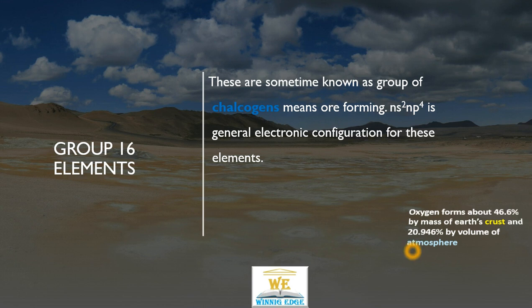And Earth's atmosphere contains 20.946% oxygen by volume. We all know life is sustained on Earth by oxygen. Oxygen is used by most of the life on Earth for respiration.